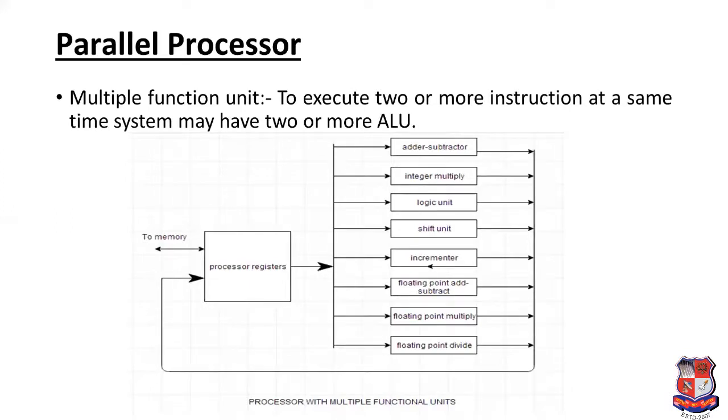So this diagram is an example of multiple function unit. It means it can execute 2 or more instructions at the same time. The system may have 2 or more ALUs.